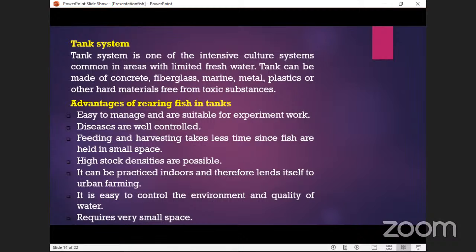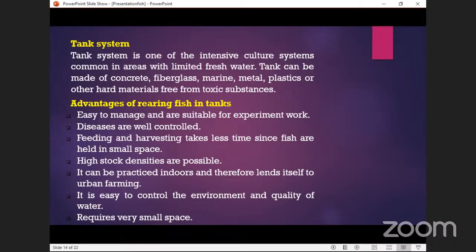Just like any other tank which you may have at home, you decide to put in fish. But make sure that there is an inlet and outlet. The outlet is to drain the water in case it is dirty, and the inlet is to introduce clean water inside the tank. What are the advantages of this system of rearing fish?